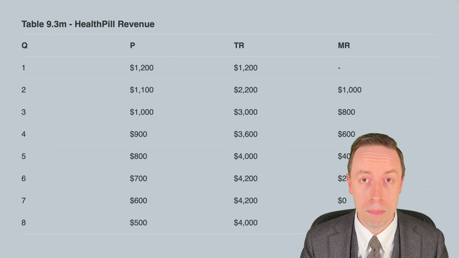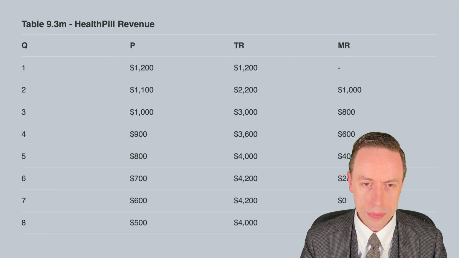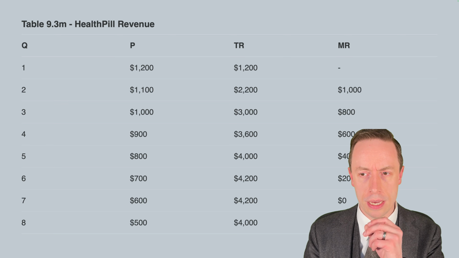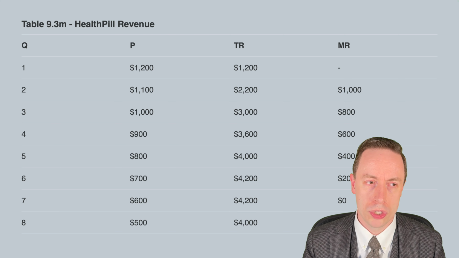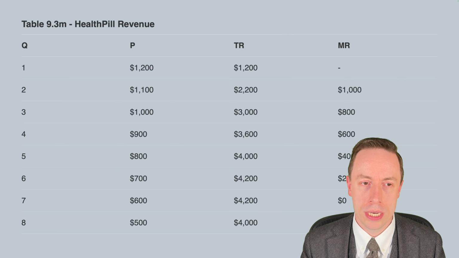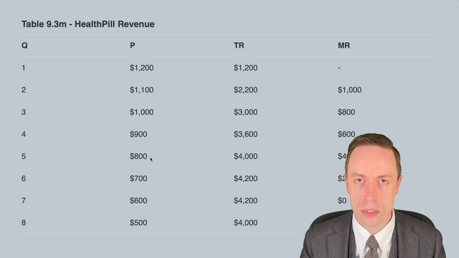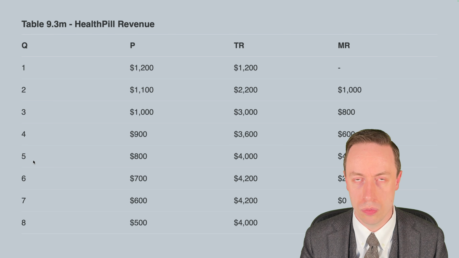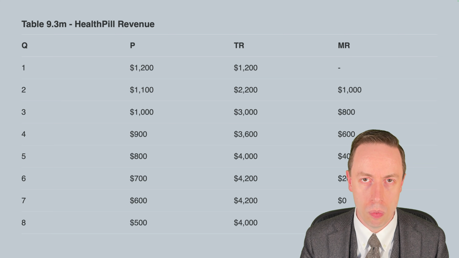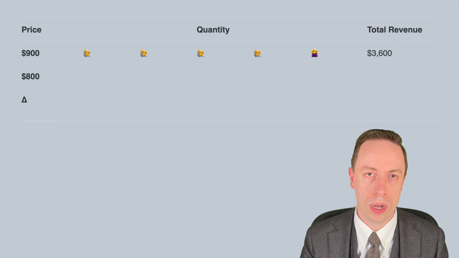Your revenue might fall. So let me look at a specific step here to really illustrate what's going on. Let's say we're looking at lowering our price from $900 to $800, or in other words, going from 4 to 5 customers, whichever way you like to think about this. Let me break apart what happens to our revenue when we do that.